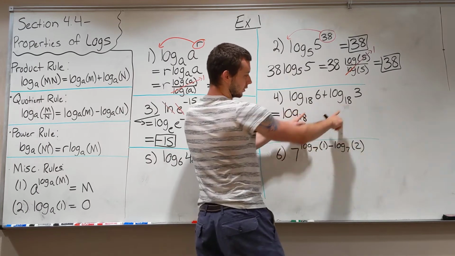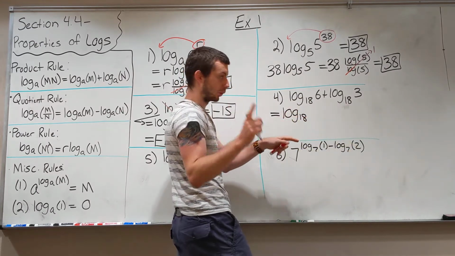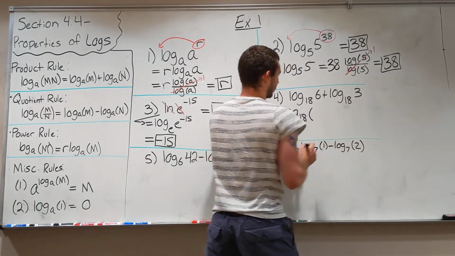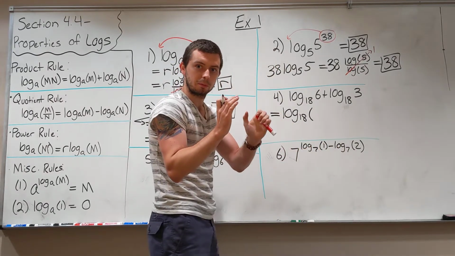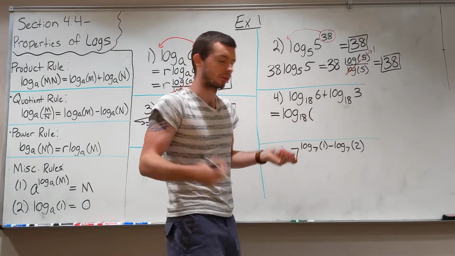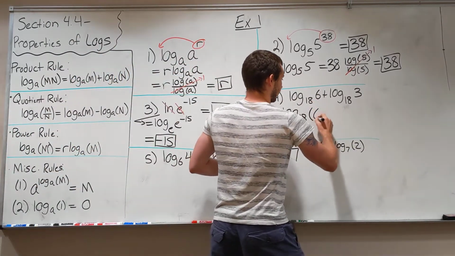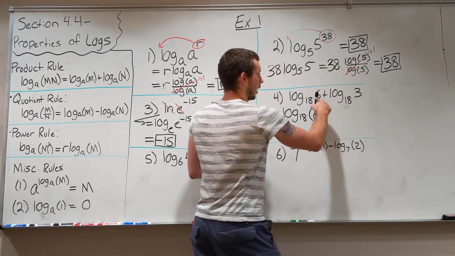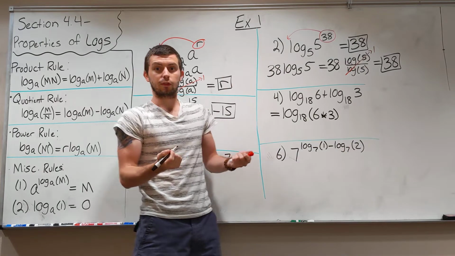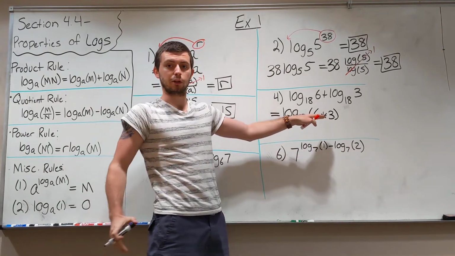And notice the base just carries over. This is one logarithm with the base carried over. And so what's inside the logarithm? Well, the product rule tells us, well, it's a product. Here's the 6 times the 3 over here. So that's it, that's the application of the product rule.